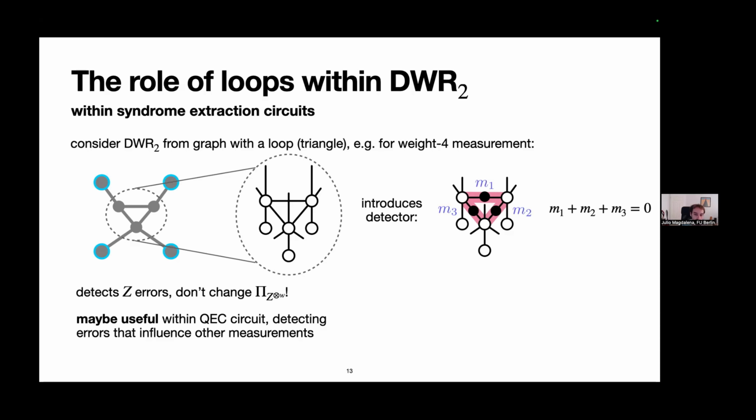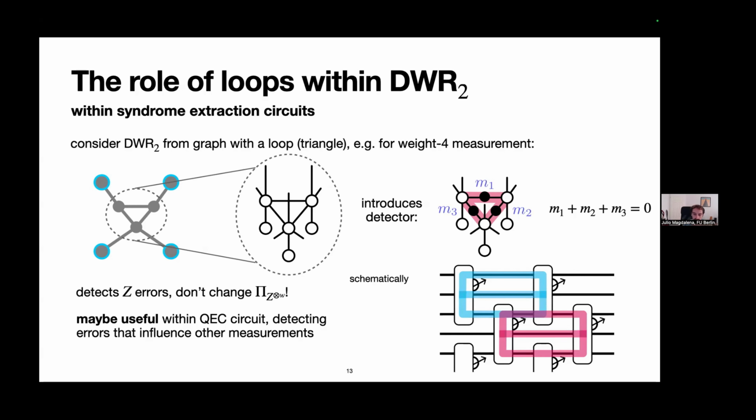So these detectors won't be useful to protect the measurement that's implemented by this measurement sequence itself. It could, however, still be useful within a bigger quantum error correcting circuit where it influences the way that other measurements detect errors.